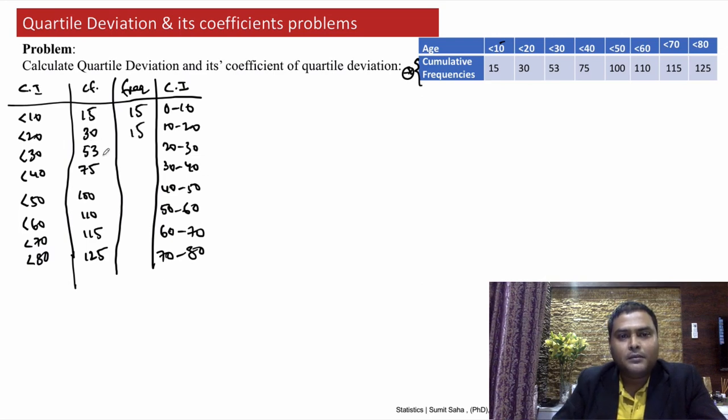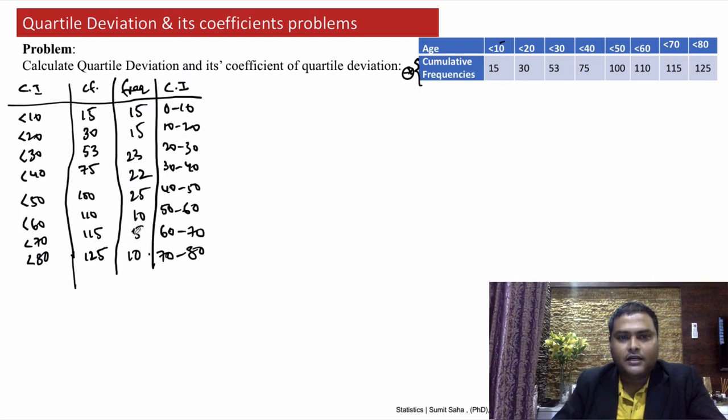In the next case, what will happen? 53 minus 30 is 23. Similarly, can you tell me the frequency of this one? Right, 75 minus 53, so this is 22. Similarly, this is 25, then this is 10, this is 5, and finally this is 10.